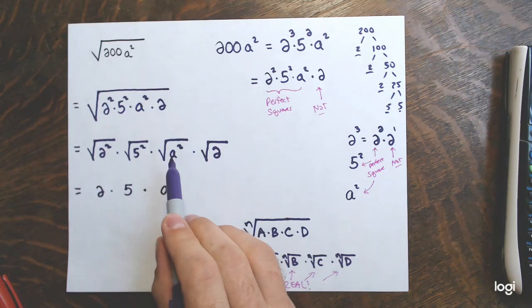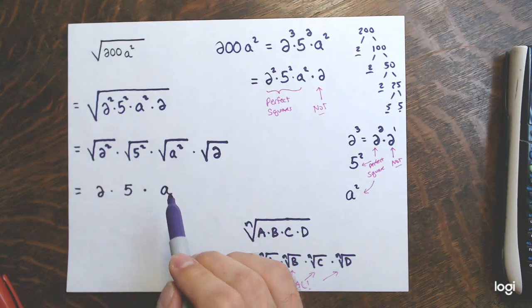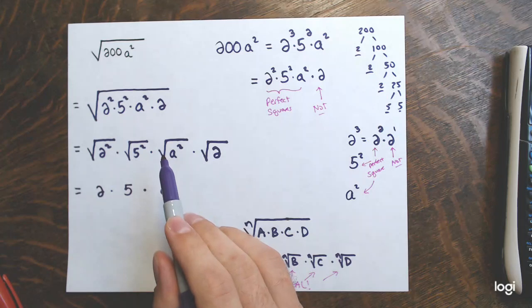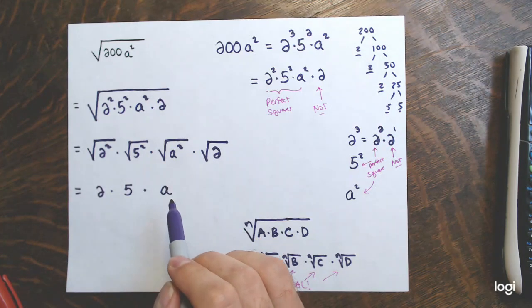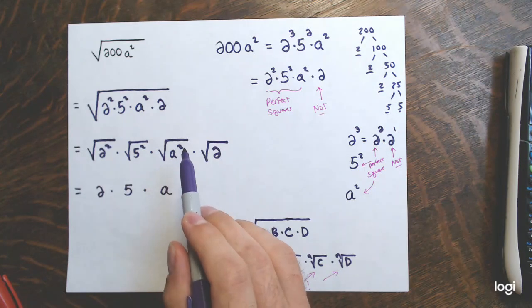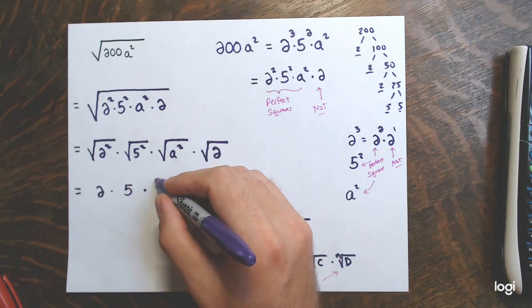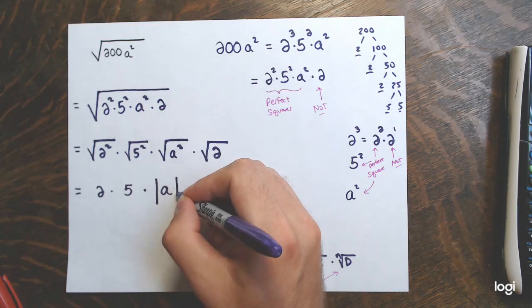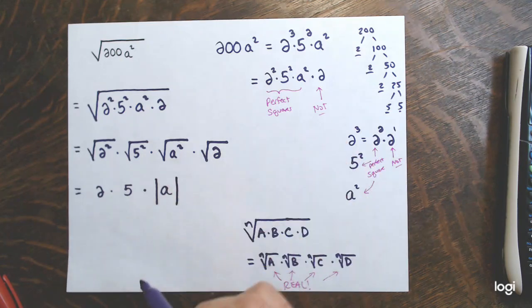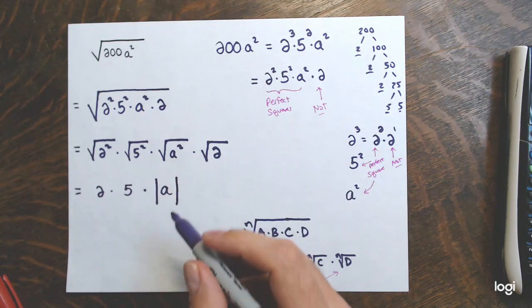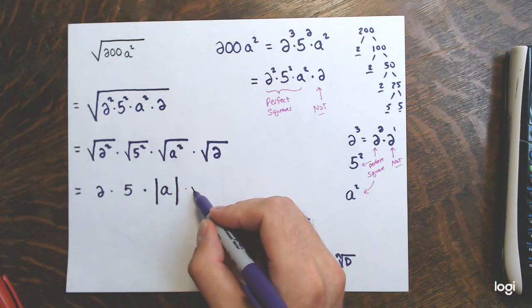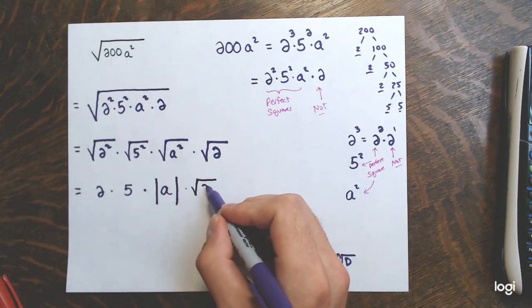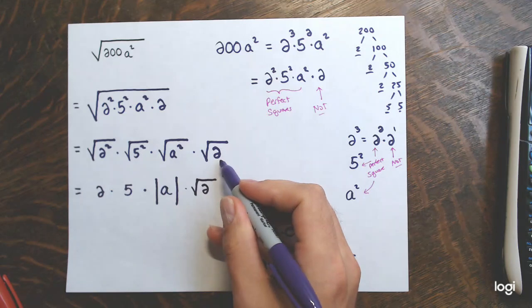When you see the even roots, the even root symbol, square root, fourth root, you want the final result to be non-negative. So the square root of a squared is not a, it is the absolute value of a. Notice the absolute value symbols around that now. And then times the square root of 2, which is the non-perfect square.